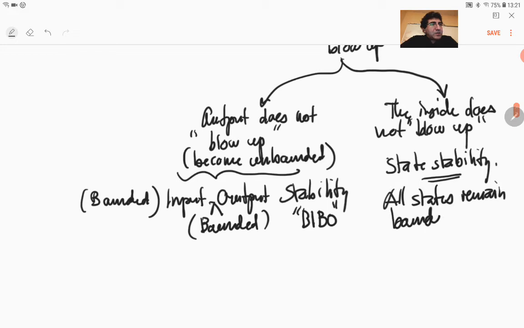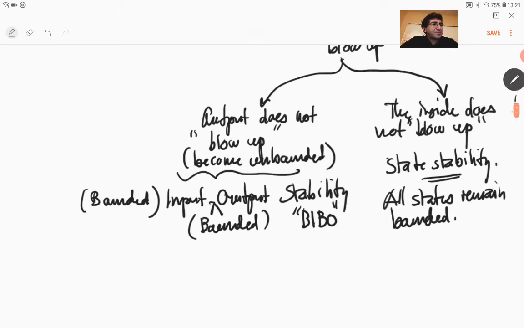So we will later on, when we will be studying state space, spend some more time on what stability means for state space systems or state space description of the systems, okay?